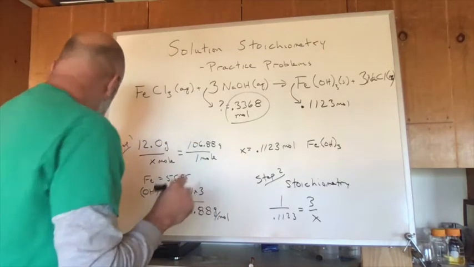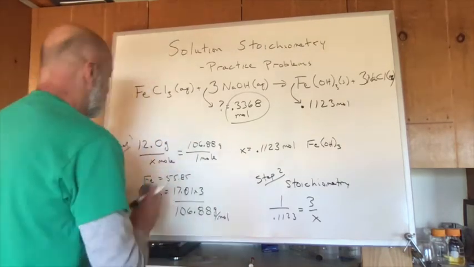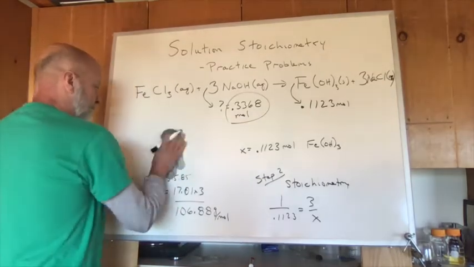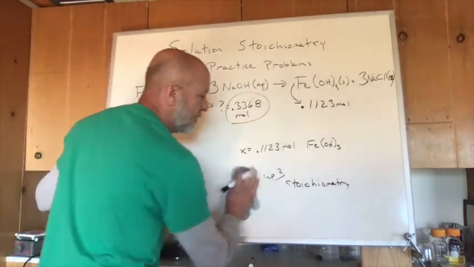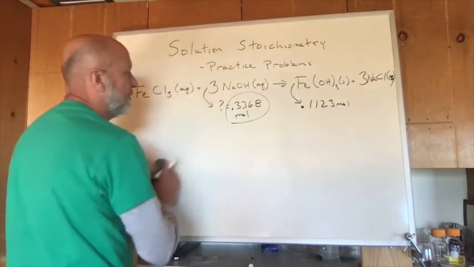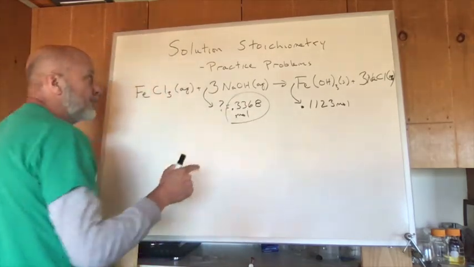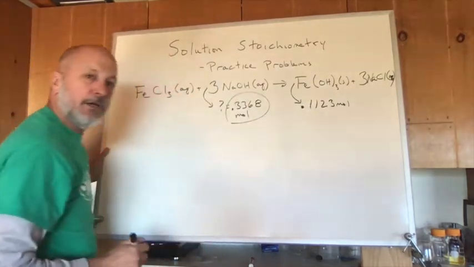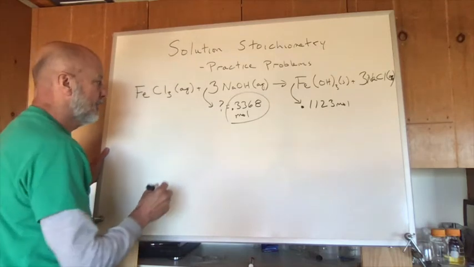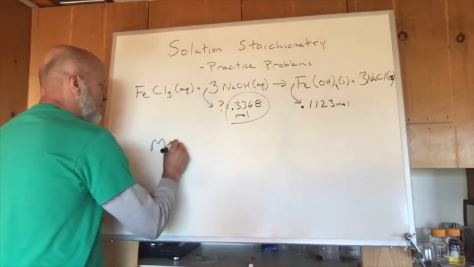So now let's go back and let's do our final step. The question was, what volume? And so I know now how many moles of sodium hydroxide I need to make my desired amount of precipitate. Now let's find the volume.